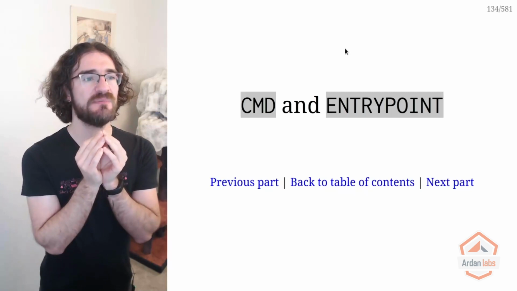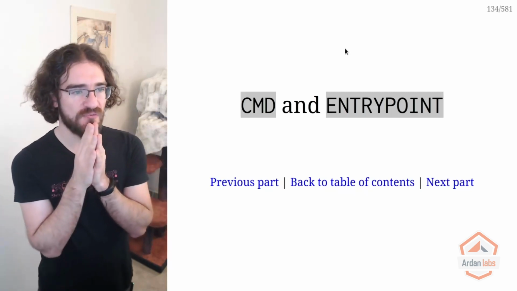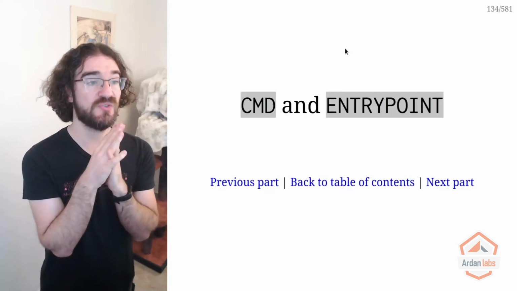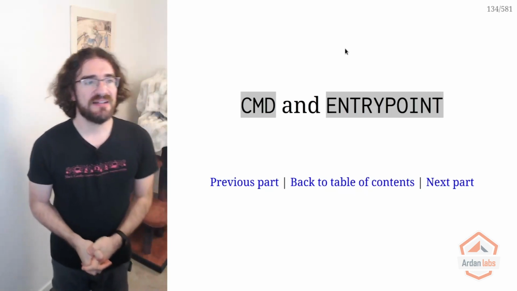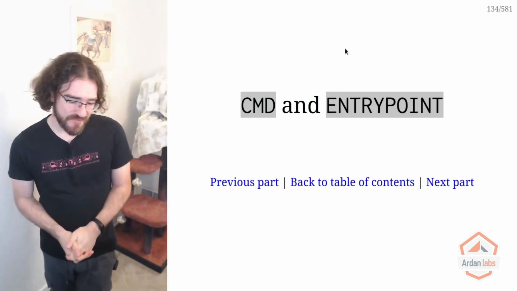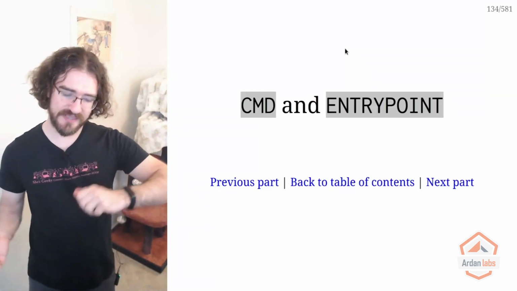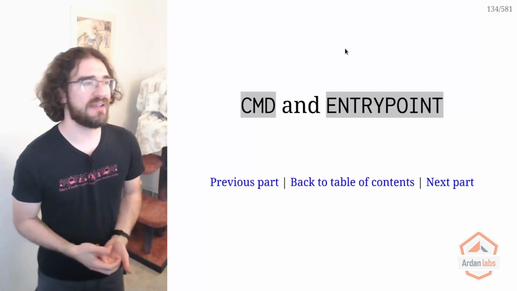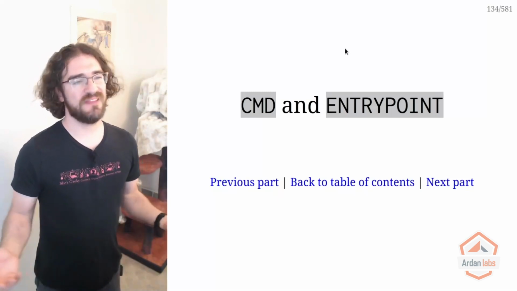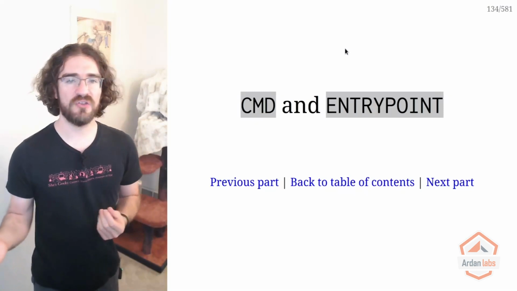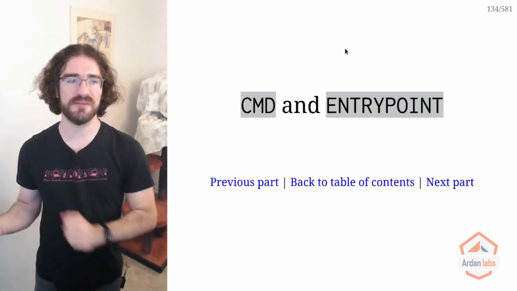So is it possible to split and compose Dockerfiles, and are there some best practices for when it becomes too big? Excellent question. So I will say yes and no. I'm going to start with the bad news. The bad news, we don't have something like a #include or something like that.